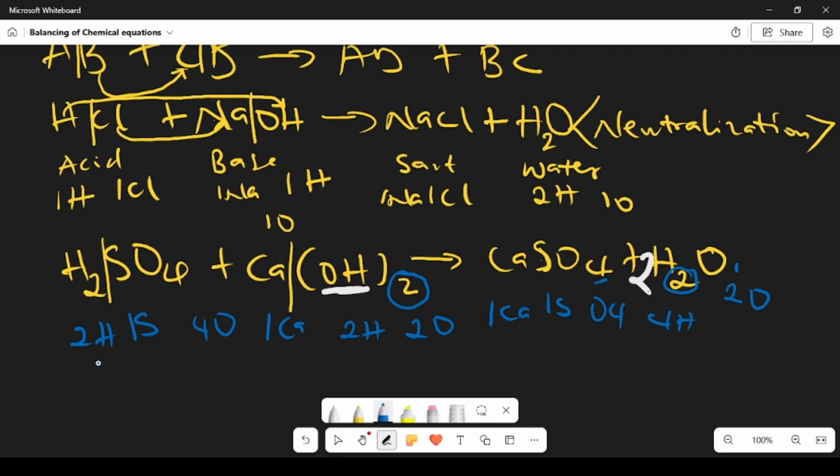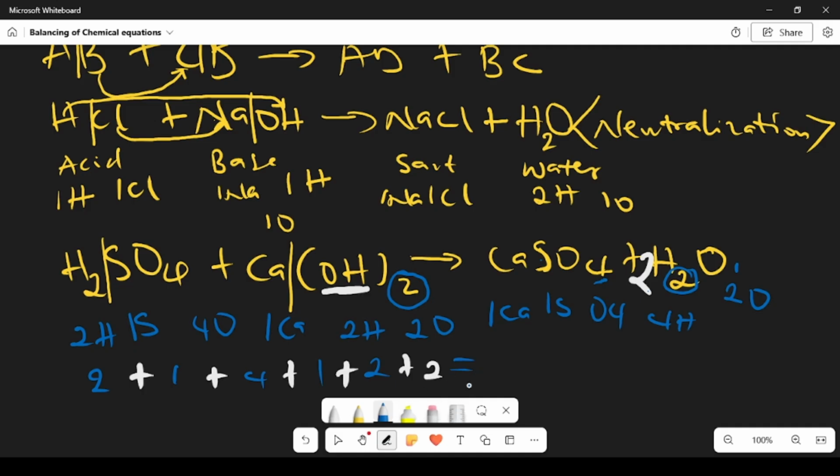If you add the numbers, 2 plus 1 plus 4 plus 1, then you have plus 2 and plus 2.